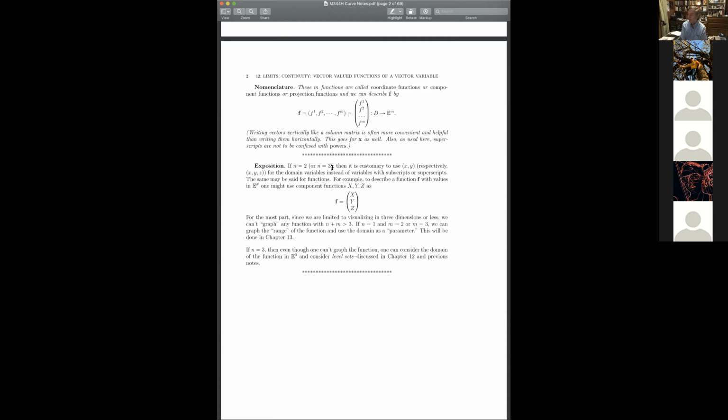If you think about what that looks like, if I only graph the range, not the pair, just the range, I get a circle. So if I have vector valued functions of a real variable, that's when we study curves. And in the text, that's called chapter 13.